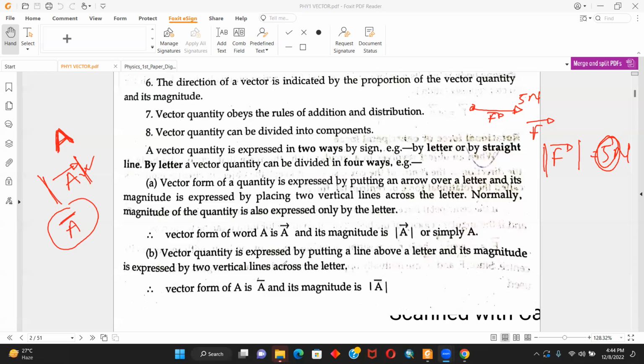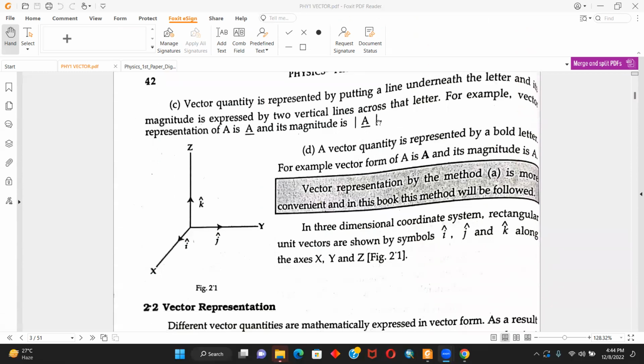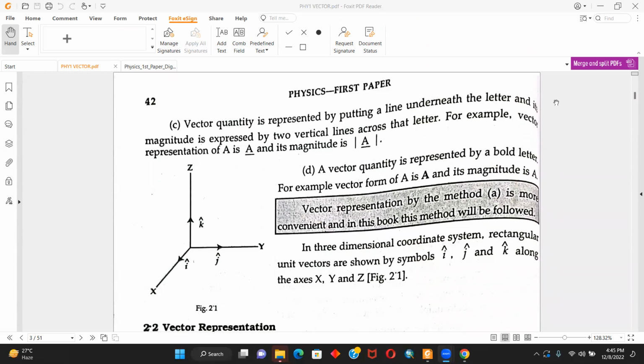So a vector quantity is expressed by putting a line above a letter, and its magnitude is expressed with a modulus sign. You know all this, so I'm not going into it. A vector quantity is sometimes represented by putting a line underneath the letter, and I forgot to mention this.